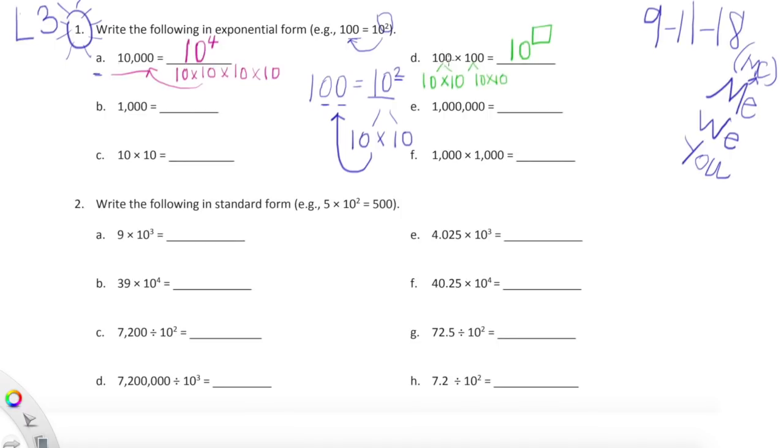So I see 1, 2, 3, 4 zeros, which means we have four 10s being multiplied together. 10 to the 4th is equal to 100 times 100, or 10 times 10 times 10 times 10, or a 1 with 1, 2, 3, 4 zeros trailing after it. Really cool. These are two different ways to express the same value.